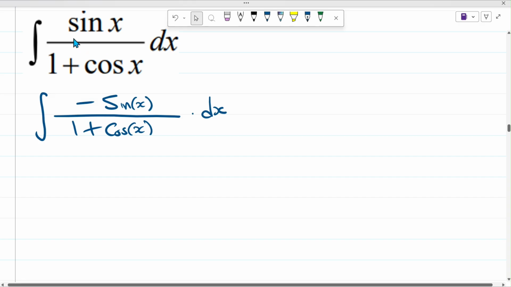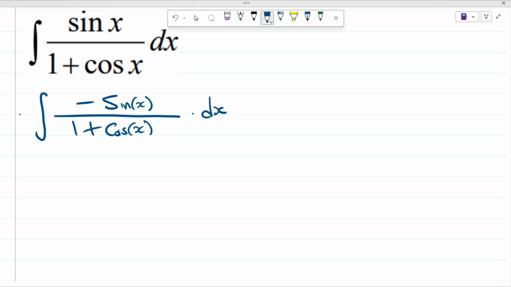Because we didn't have this negative, we need to cancel it out by multiplying by a negative outside. Our n for this case is equal to 1, and it's in the denominator, so we need to make use of the general log rule. If you're confused by that, kindly check the previous videos.